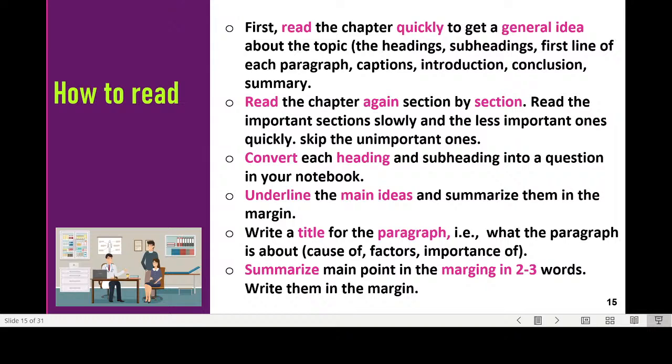When we look at the headings and subheadings, it's good to convert each heading into a question. For example, if the chapter is about theories of learning, then you convert it into a question. What are theories of learning? What are the theories of learning?